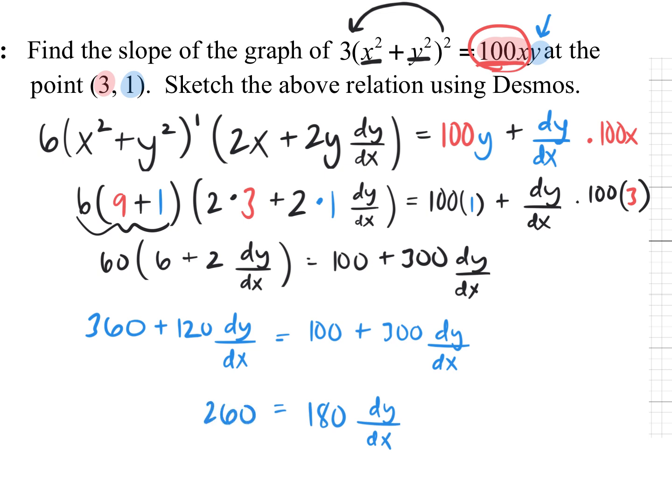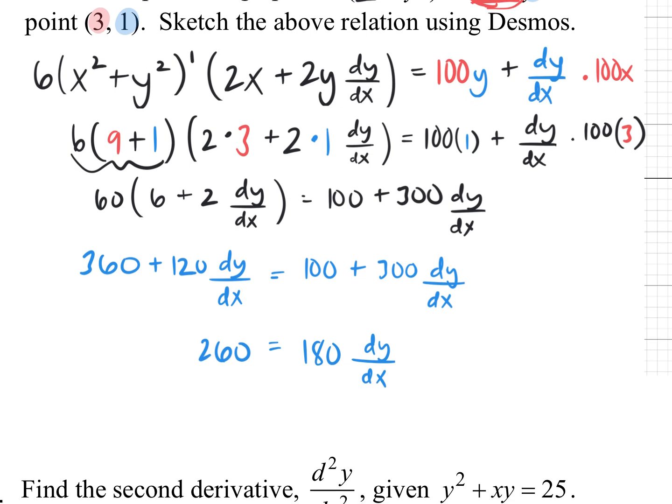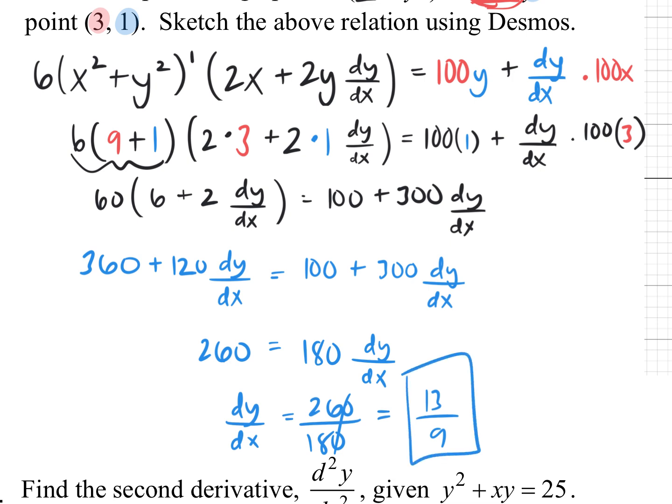And then to get dy/dx by itself, we have to divide. So dy/dx equals that 260 over 180, which can simplify to give me 13 over 9. And that right there is your answer.